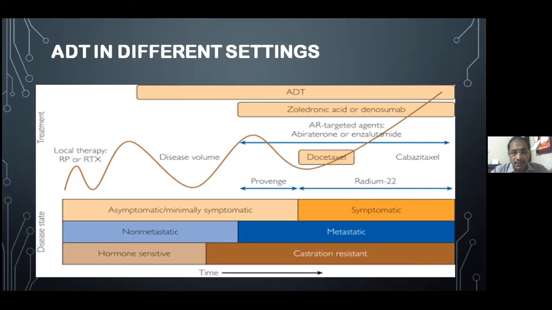And if you have advanced disease, that is metastatic prostate cancer, then you have a very important role of hormonal therapy, which remains until they become resistant to it, but it does remain dependent in some form or other on hormone till the end, and that's the reason the role of ADT in prostate cancer remains from beginning till end.